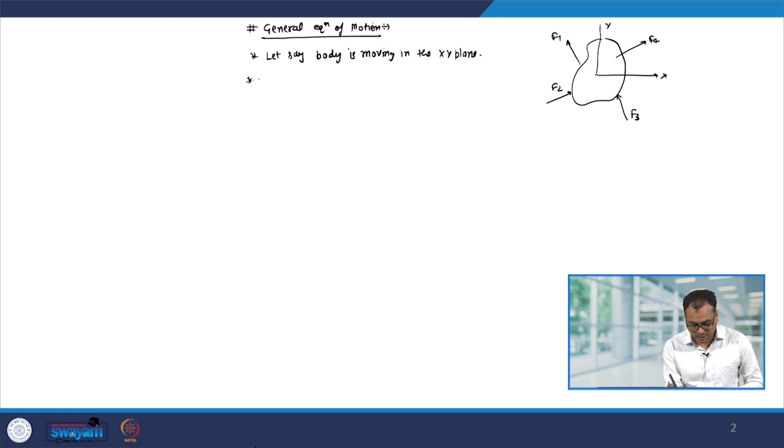Now, we already know that the general system of forces which are acting on the rigid body can be replaced by a resultant force and a corresponding couple. Okay. So, let me write this down.